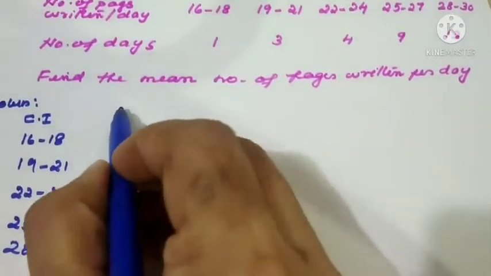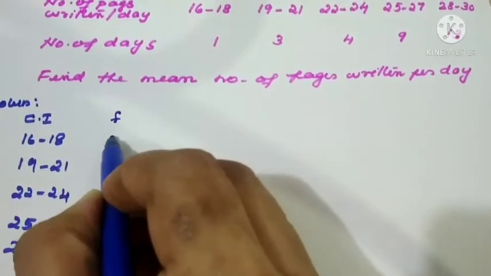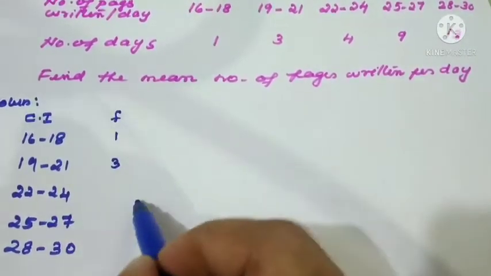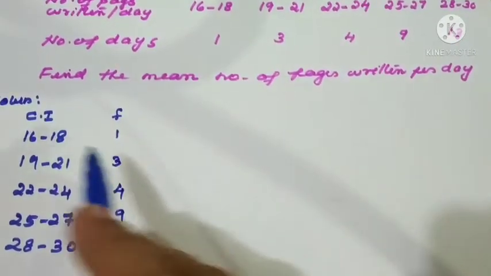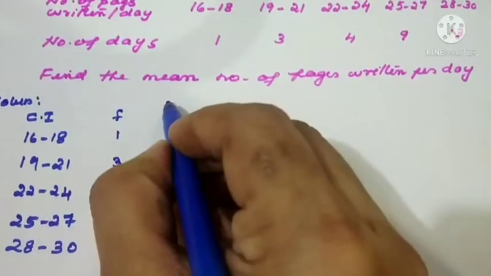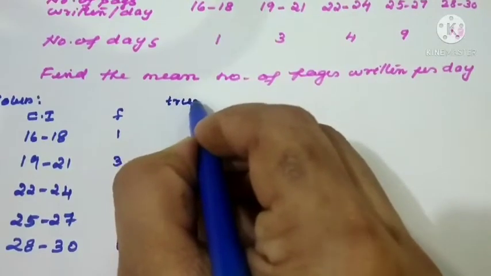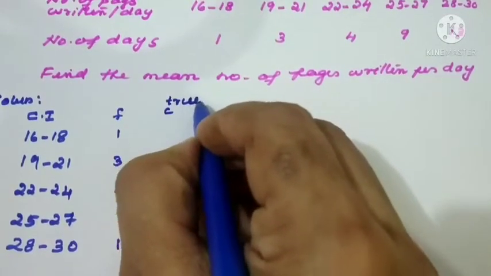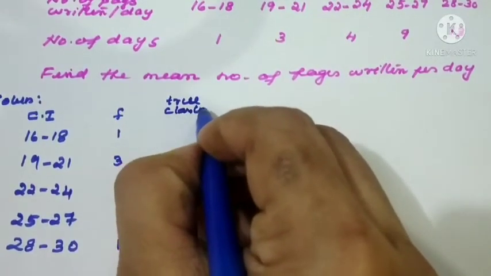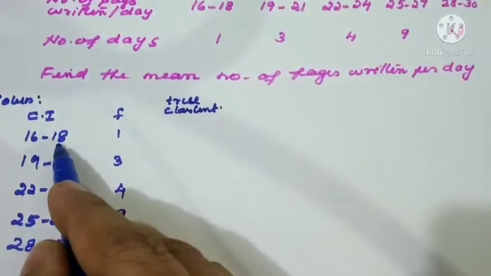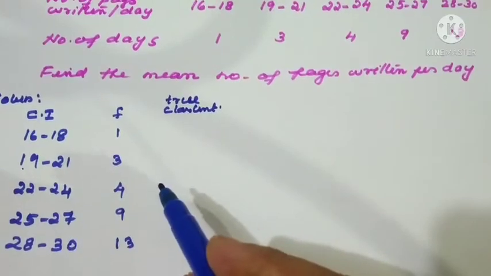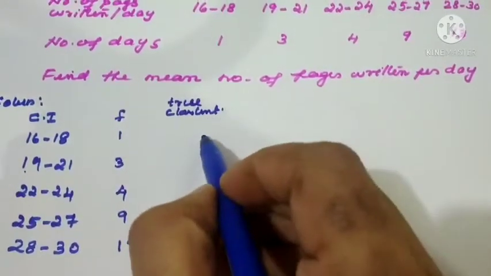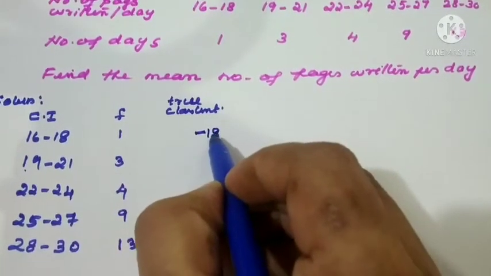Corresponding frequencies, that is number of days: 1, 3, 4, 9 and 13. So here it is not continuous, so true class limits we should find out. See, 1 is the difference between 18 and 19, so 0.5 should be added to the upper limit. That part is very easy for everyone.